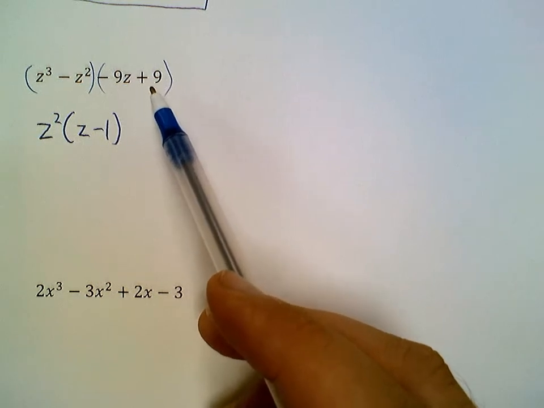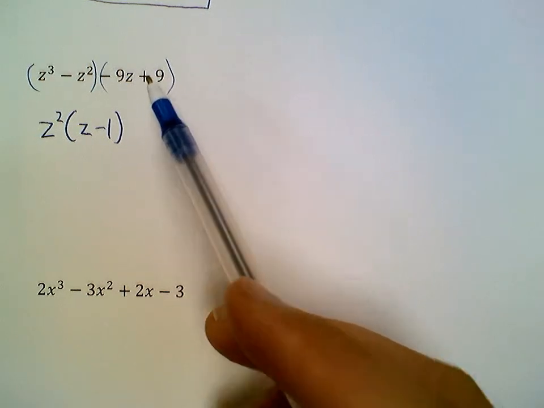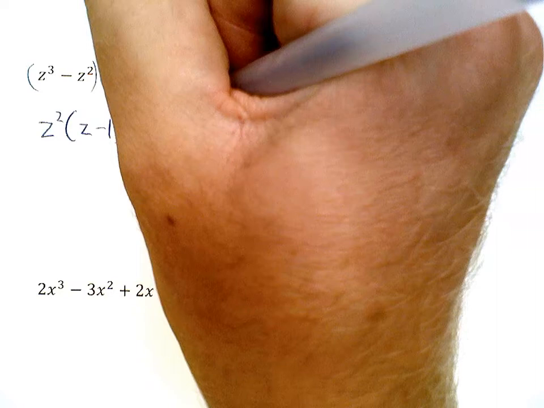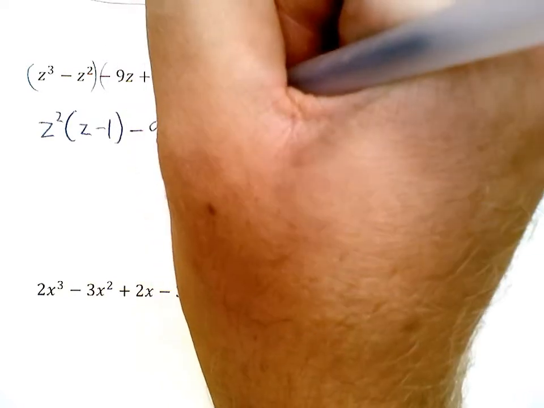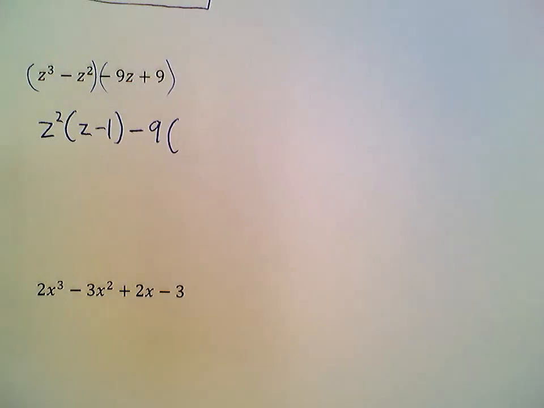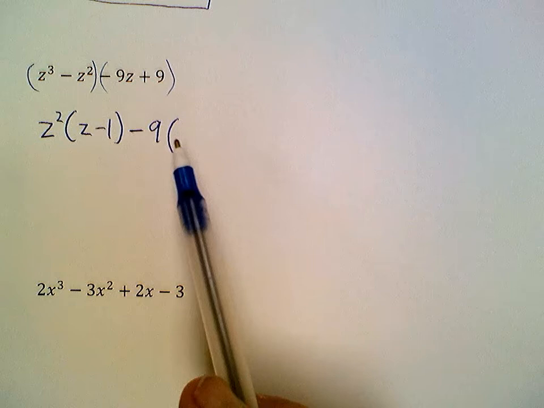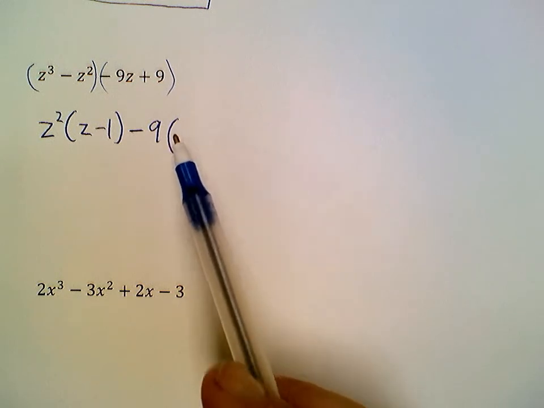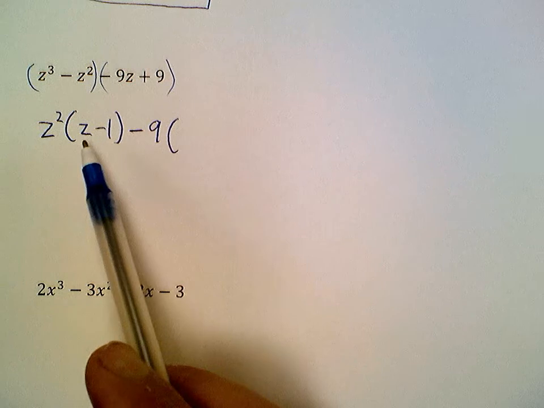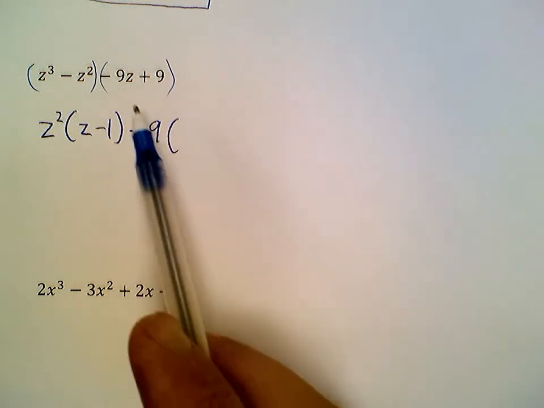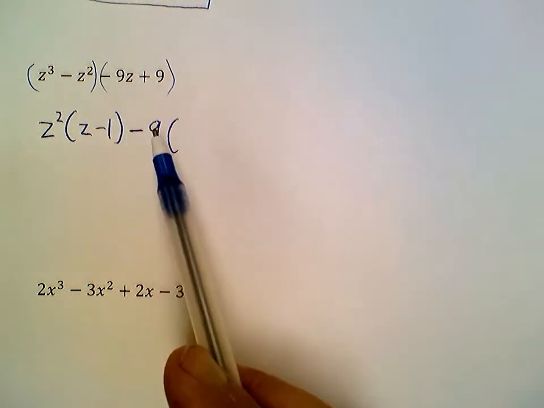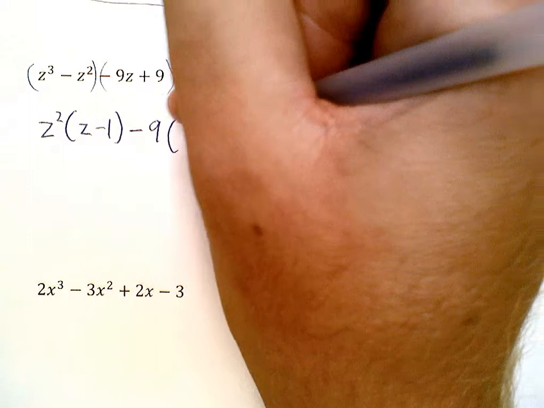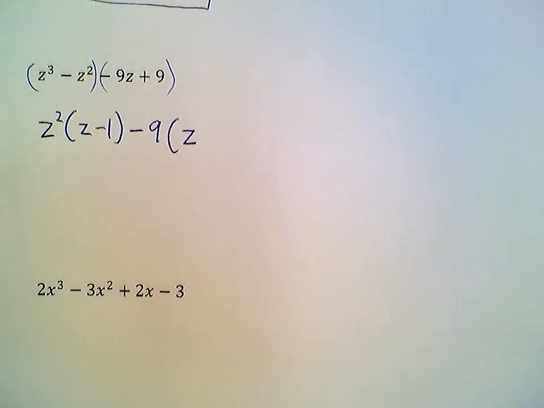A 9. Although I'm actually going to factor out a negative 9, because, as you'll see, I need to factor out a negative number to make the next parenthesis match z minus 1. Negative 9z divided by negative 9 is positive 1z.